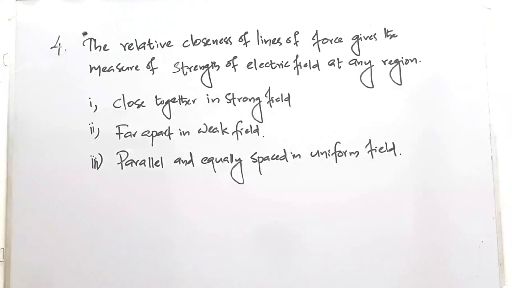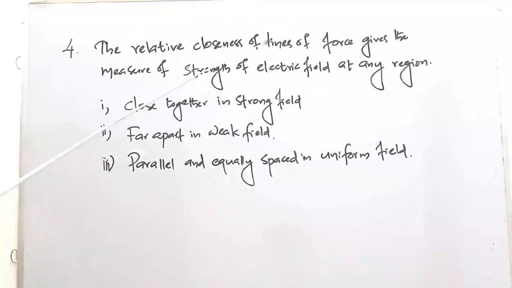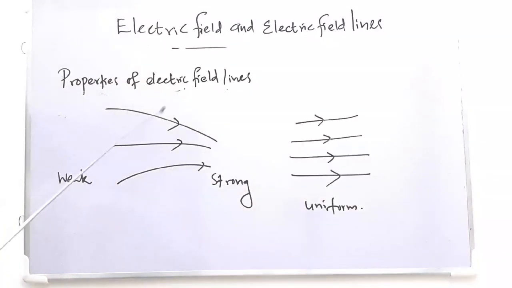Fourth property, the relative closeness of lines of force gives the measure of strength of electric field at any region. If the lines of force are close together, then it represents strong field. If the lines of force are far apart, it represents weak field. If they are parallel and equally spaced, then it represents uniform field. Like this.